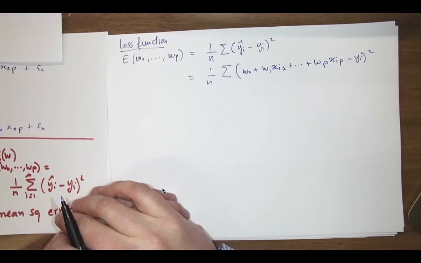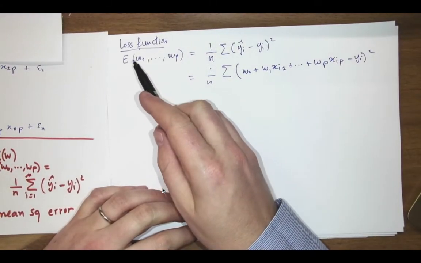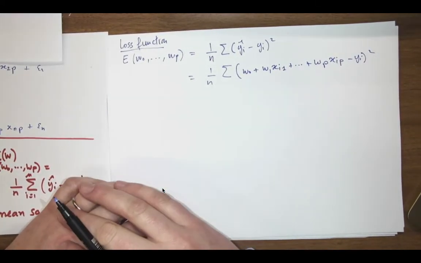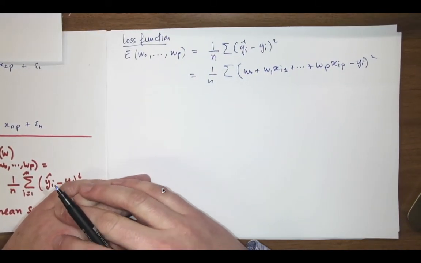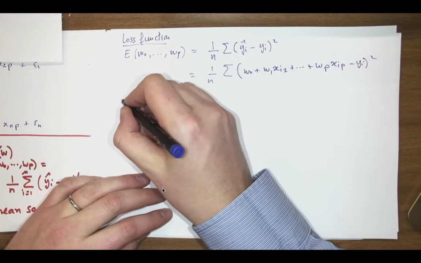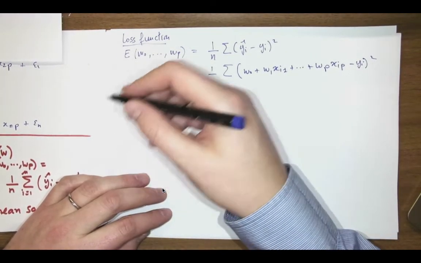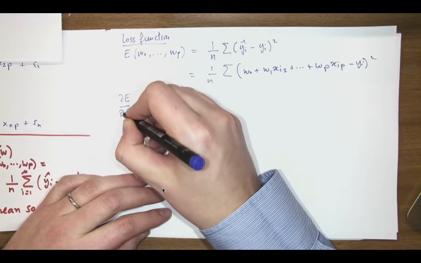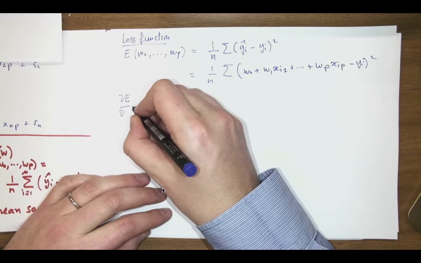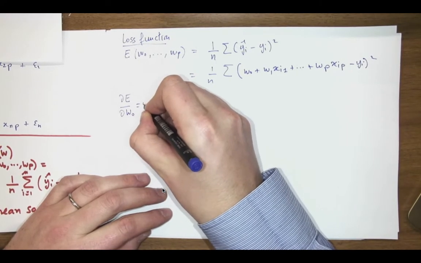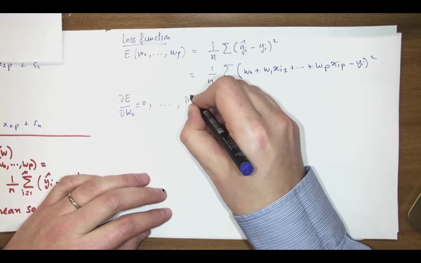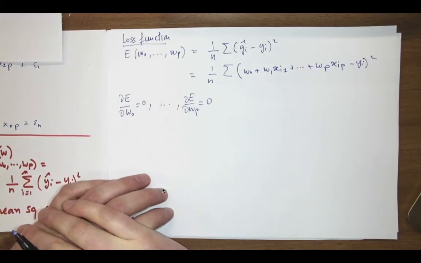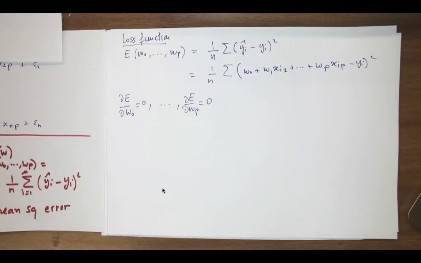Now you have a function of multiple parameters, and you want to find the minimum of that function. We know from calculus that you will get the minimum when all the partial derivatives are null. So you take the partial derivative of that expression according to w0 and set it to null, and so on and so forth for all the parameters. Something you've seen many times.